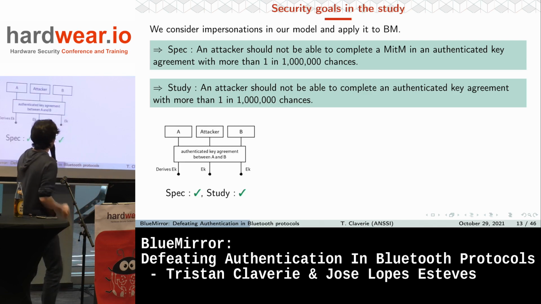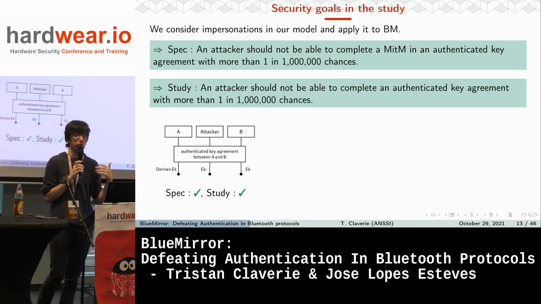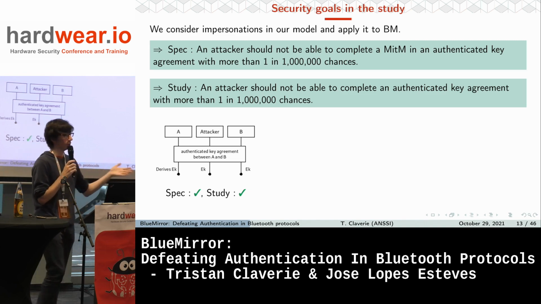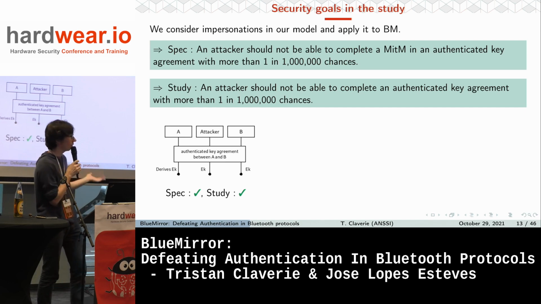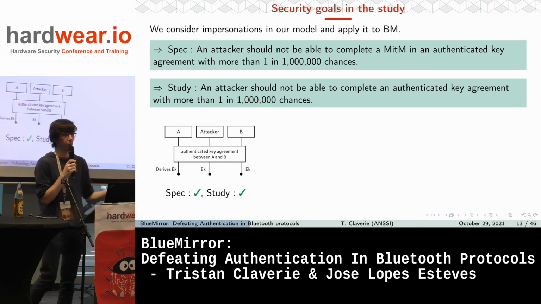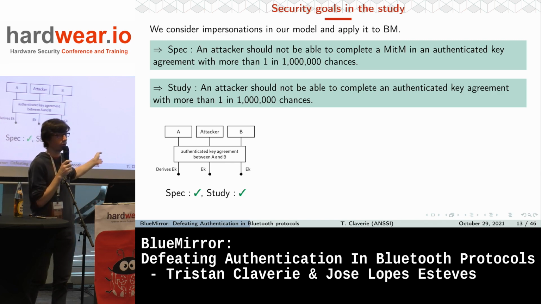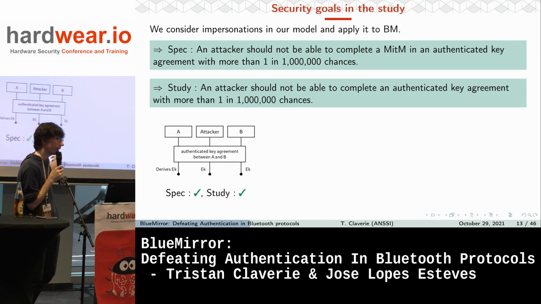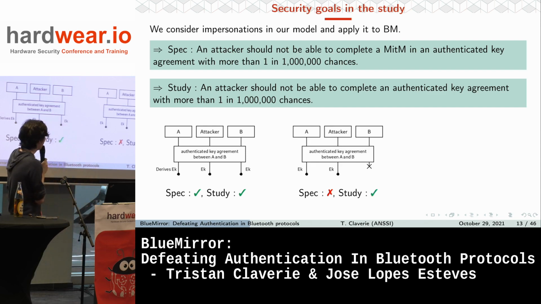What does it mean? Take this little image. Imagine you've got devices A and B, they perform the key agreement. They perform an authenticated one, and the attacker somehow finds a problem in it and performs a successful attack. At the end, both A, B, and the attacker have the encryption key. The specification will consider it a valid attack, and the model in the study will consider it a valid attack. But you have a slightly different model.